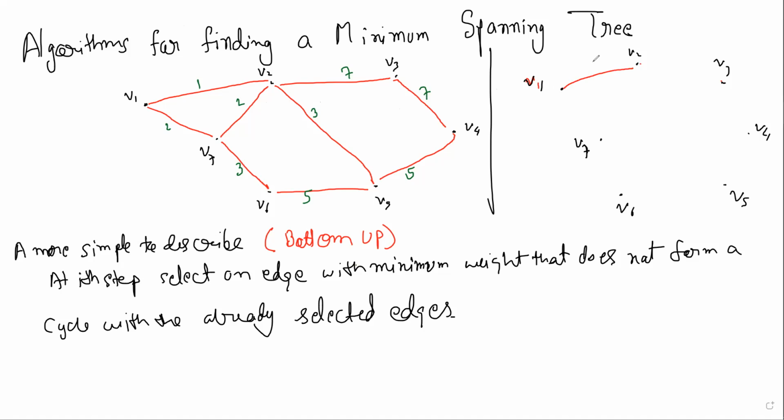Let's also keep the numbers here. What are we going to pick in step 2? One of the two: either V1, V7 or V2, V7. We can pick any one of them. Let's just pick this one because no cycle is formed.